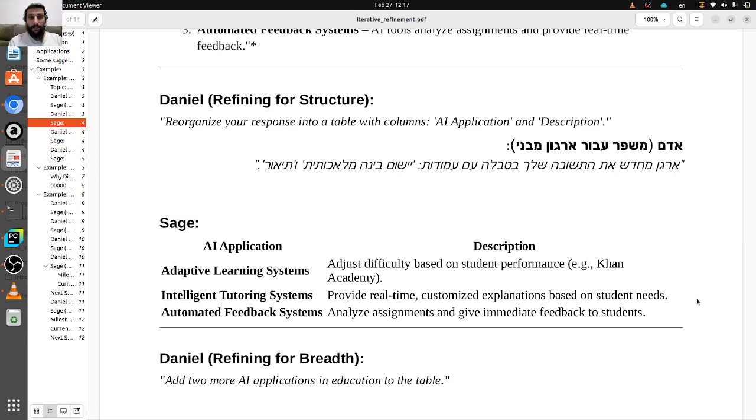And if we take a look at Sage's response, we see that he did exactly what he was asked to do by providing such a table.